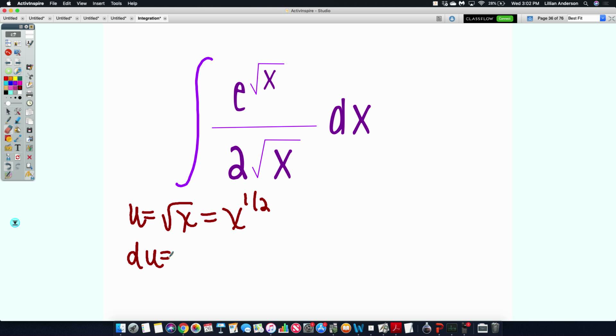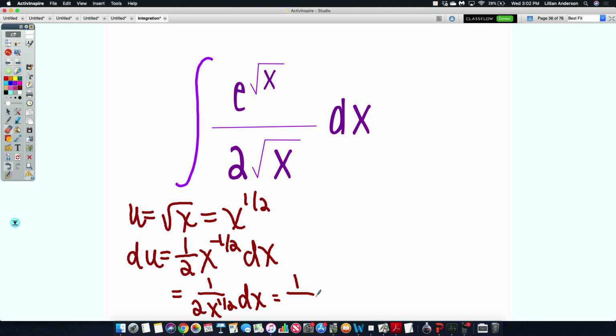Don't I bring the exponent down first? Bring the exponent down first. Then I subtract 1. So that becomes what? And this also turns into 1 over 2.